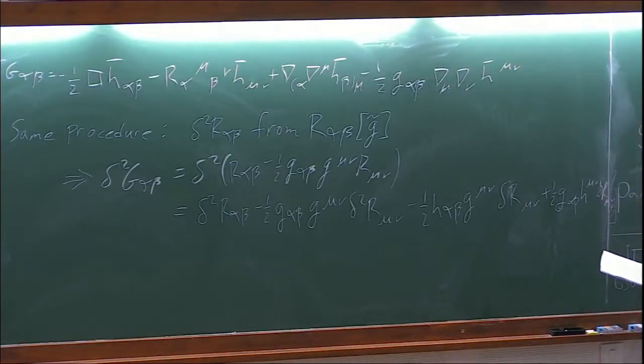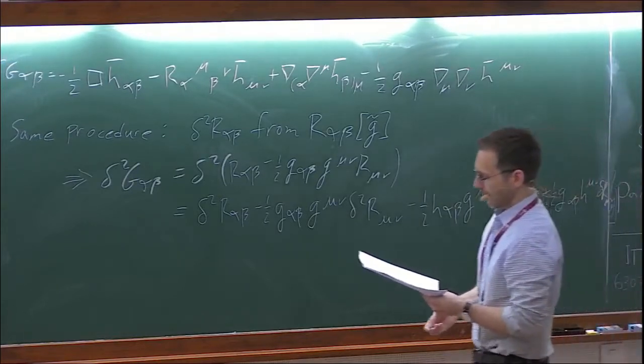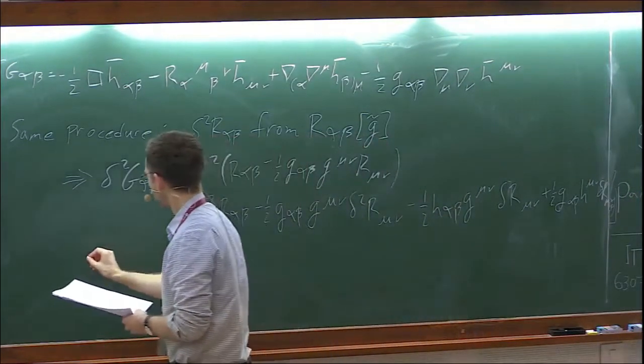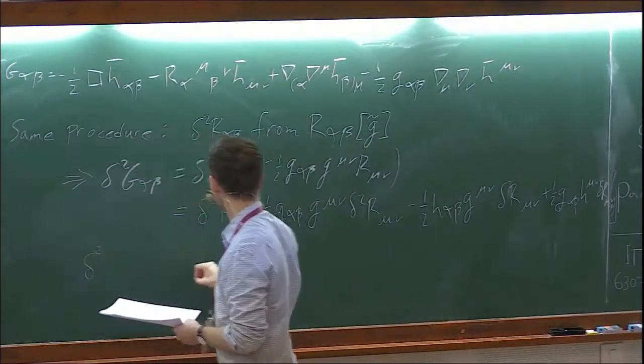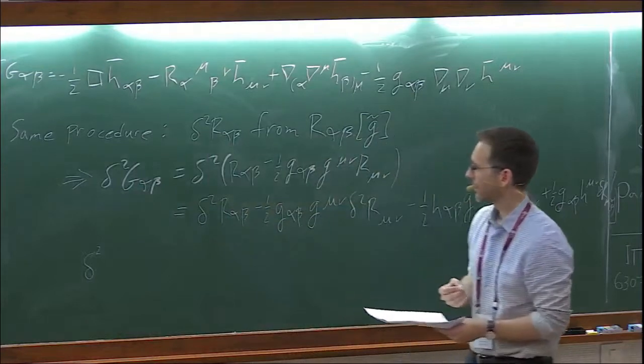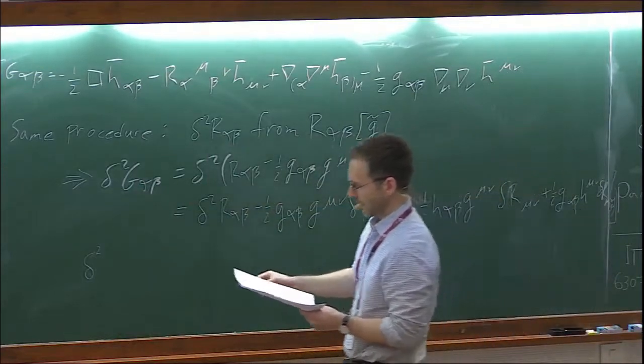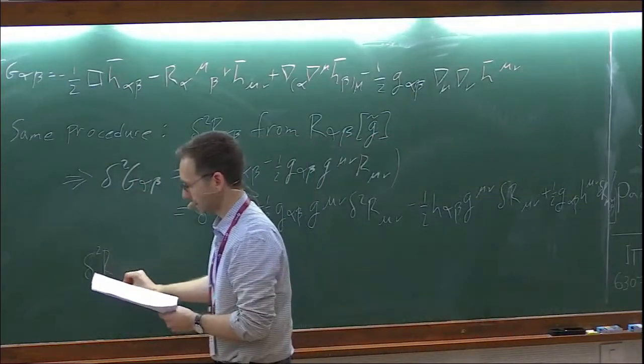Okay, so here I'm dropping terms that are just proportional to the background Ricci because we're setting that to 0. And this is all in terms of delta squared R alpha beta, which is given by a very long, ugly formula.